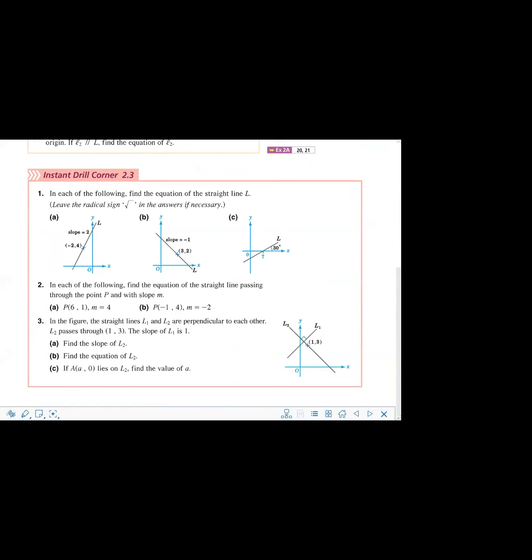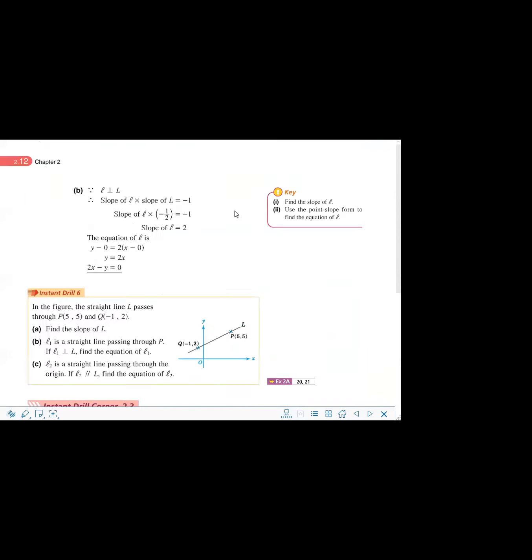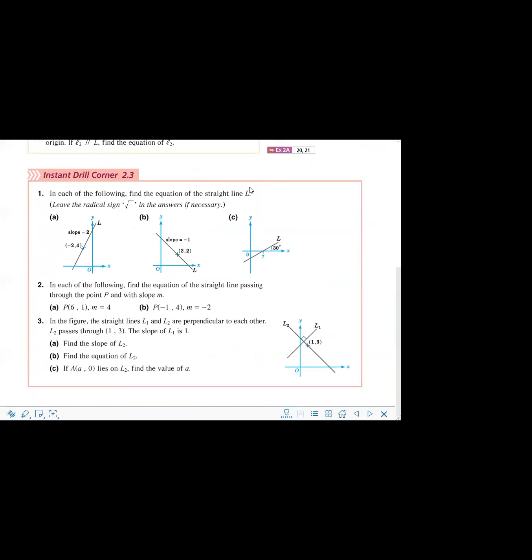Question number 3. That is on page 2.12. Okay, so I give you 4 minutes for this.